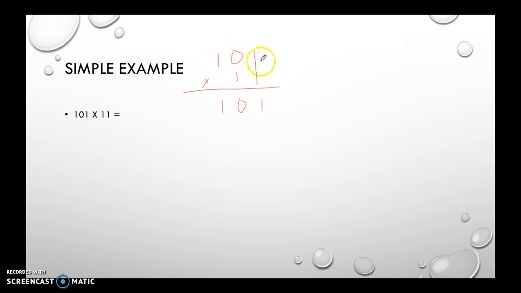And then we multiply the 101 with the 1 here, and this time we need to shift it to the left by one place. And it is 101. So now we add those two numbers together, and we get 1111. That's our answer. Let's check it. Yep, we get the right answer.